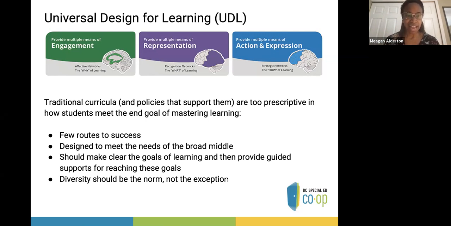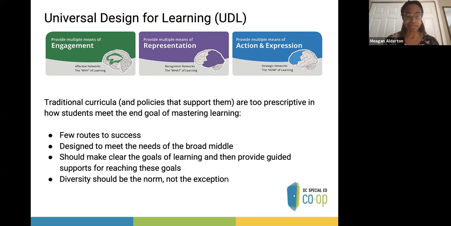Yes, we want our students to access that information, but we need a framework for how we can adjust and be flexible in order for all our kids to reach the destination. Traditional curriculum is centered on the middle. It usually can just get to the kids in the middle. But as we know, especially in places like DC and the populations that we serve, that's absolutely not enough. So we have to make our goals of learning clear and provide guided supports for our kids to reach those goals.